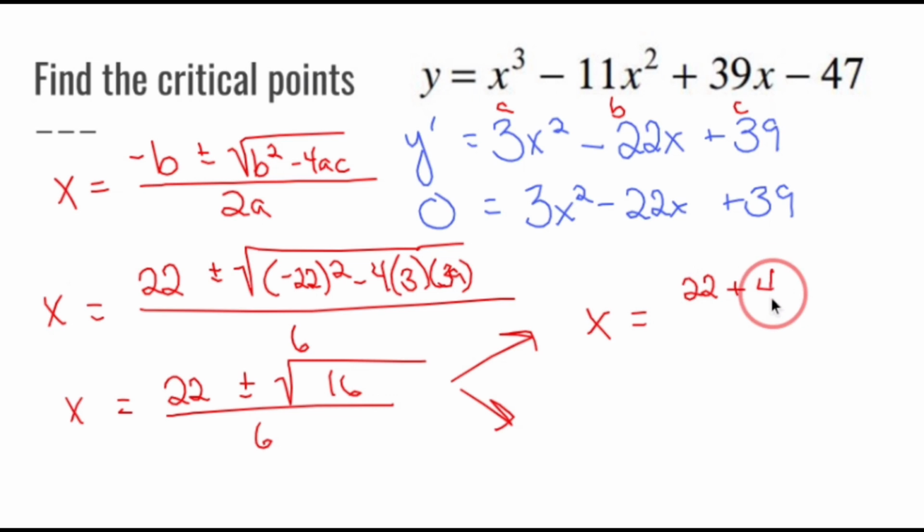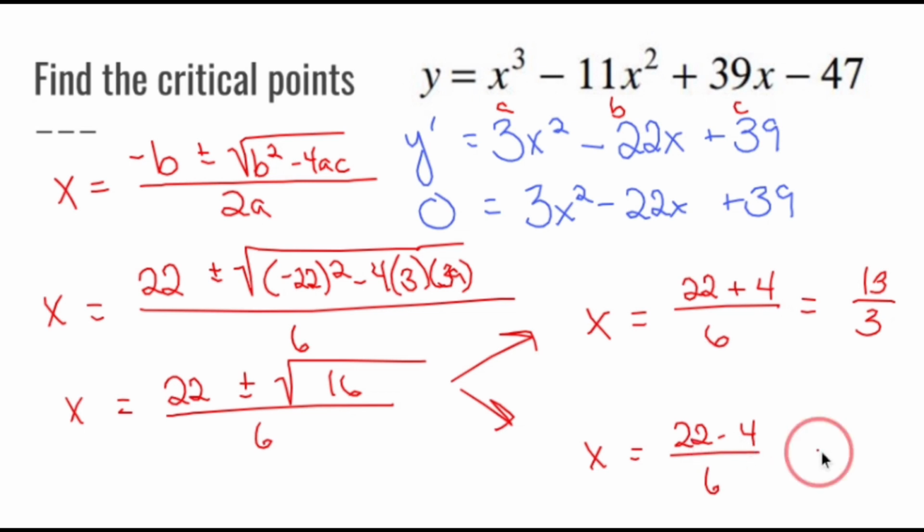So we'll do plus 4 over 6, and x equals 22 minus 4 over 6. 22 plus 4 is 26. 26 over 6 simplifies to 13 over 3. 22 minus 4 is 18. 18 over 6 is 3. So these are my two guys. My critical points are going to be 13 over 3 and 3.